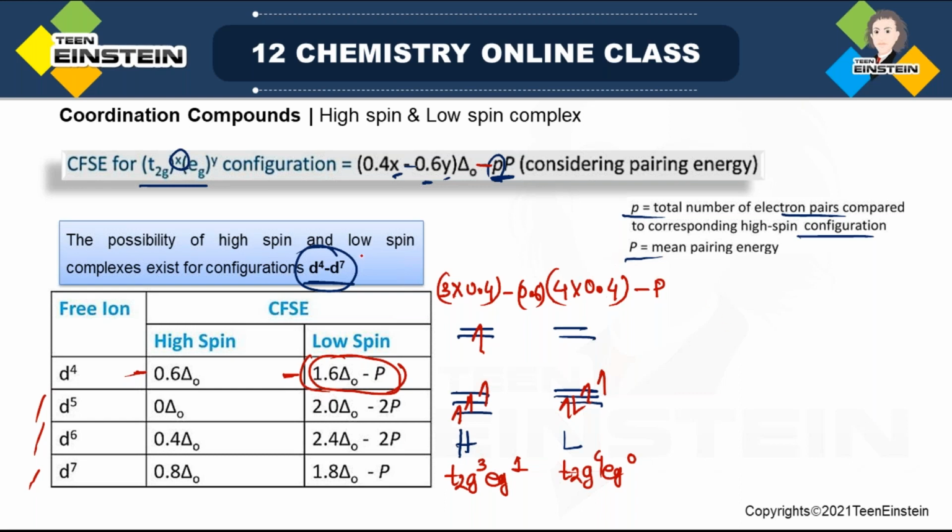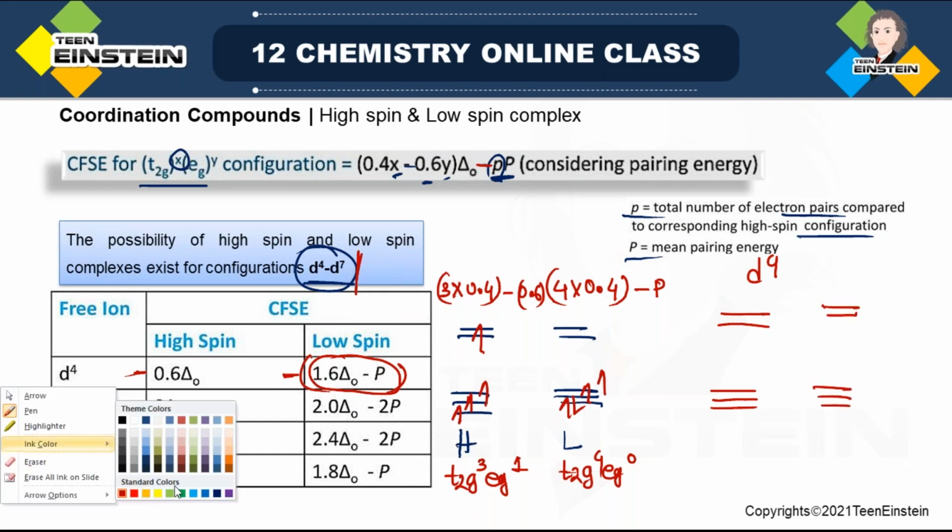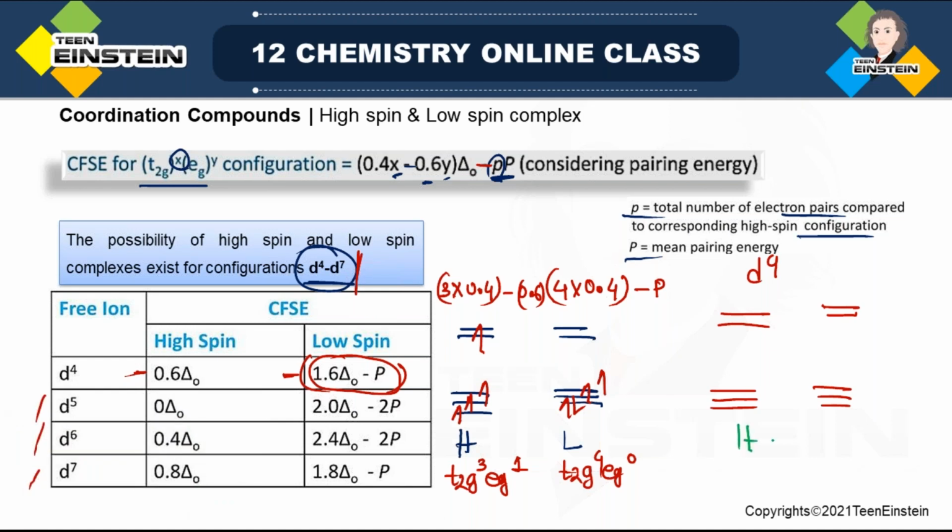But as I have said, it is applicable only up to d7. Now suppose you have d9 or d8, then the two situations will not arise. And why is it so? Suppose this is high, this is low. 5, 4 more. So what configuration are you getting? t2g6 eg3. But when you are considering low spin, actually both will be the same. Now you have no extra space.